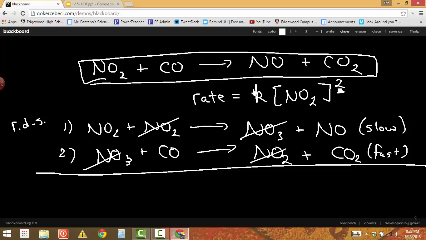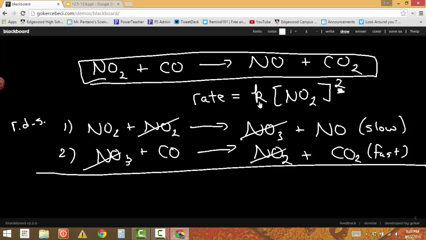Nowhere in my rate law expression do I see an NO3, which tells me that the NO3 is not going to be part of my overall rate, nor do I see a CO anywhere in here, which means that it's 0 order with respect to CO. It doesn't matter how much concentration of CO you have. This second reaction isn't going to happen until you make the NO3. So it's the production of the NO3 that takes the time, and since it takes 2 molecules of NO2 to do that, that's what the 2 means up here.